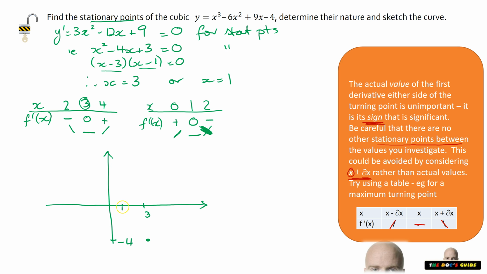So when x equals 1, the y value is 0. So our curve is going to look like this. We don't know that value there. We do know that one for sure. We do know that that's 0, and this point here is also -4. So that's our sketch of the curve.